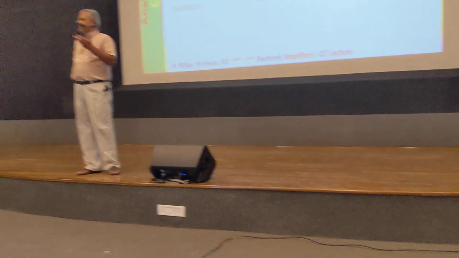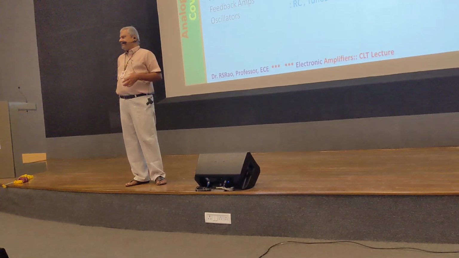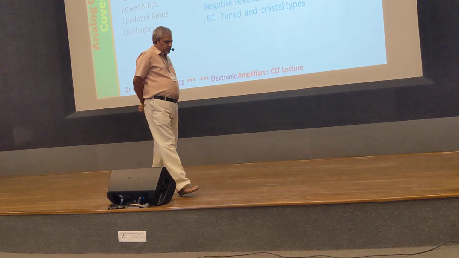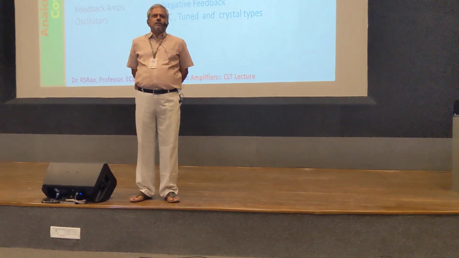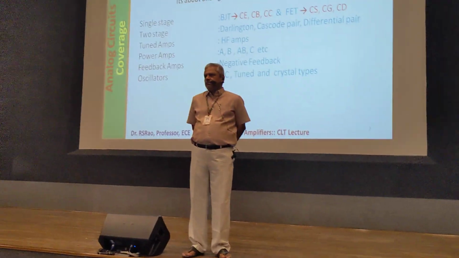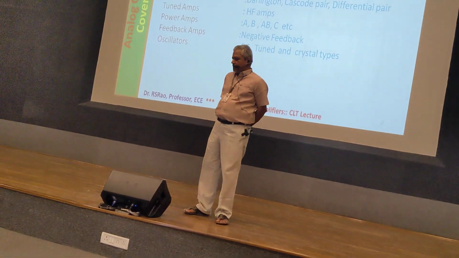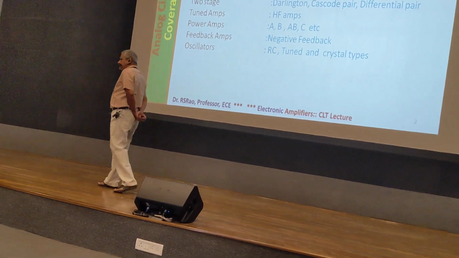So where is the need for adding another stage or modifying it to have more input impedance? That requirement is there in BJTs, hence it was modified and resulted in the Darlington pair, but that necessity is not there in the case of FET amplifiers.